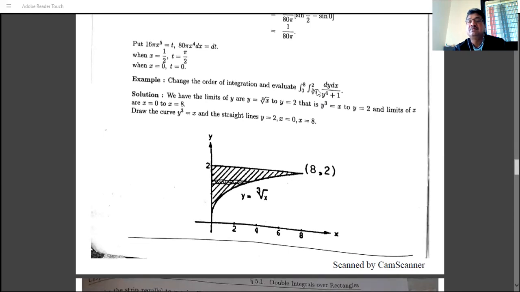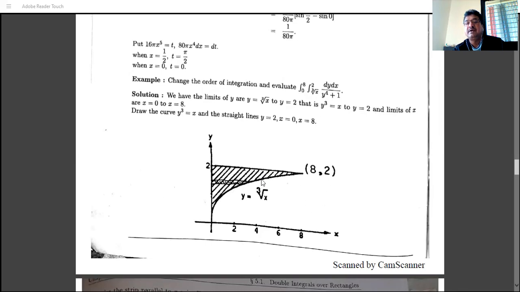The limit on y is y is equal to third root of x, not root 3x. Taking the cube of both sides, y cube is equal to x. This is the figure of y cube is equal to x, or y is equal to third root of x.